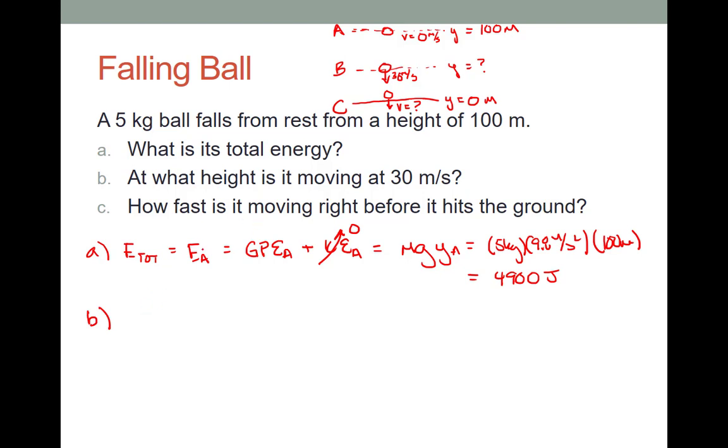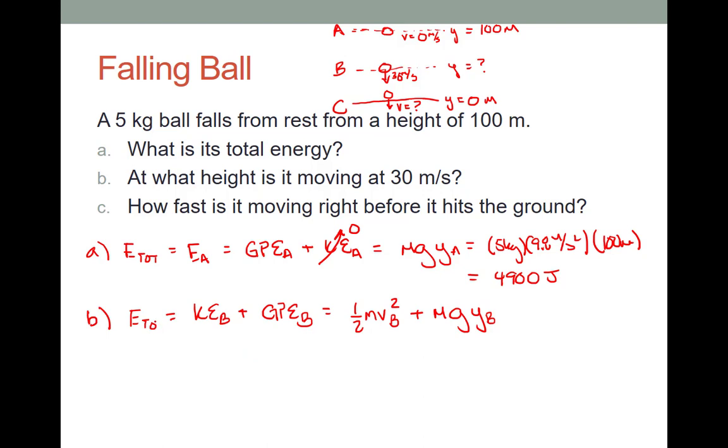The point where it's moving at 30 meters per second is the point I defined as B. So my total energy has to equal the kinetic energy at point B plus the gravitational potential energy at point B. Well, it shall be 1/2 times the mass times the velocity at B squared plus mg times the height at B, which is what we want to find.